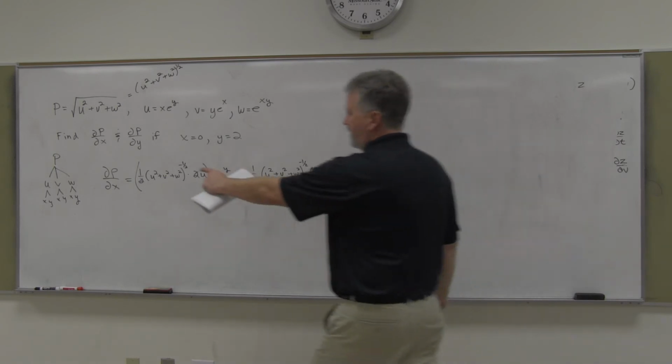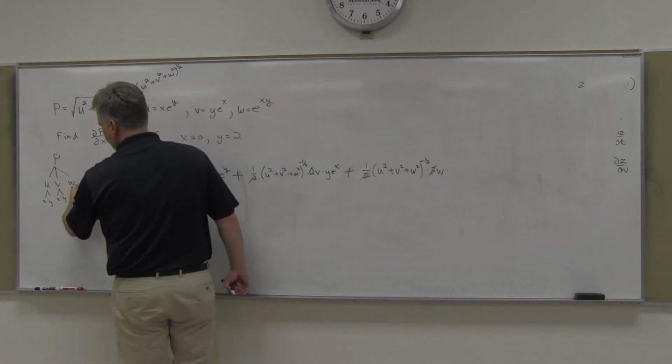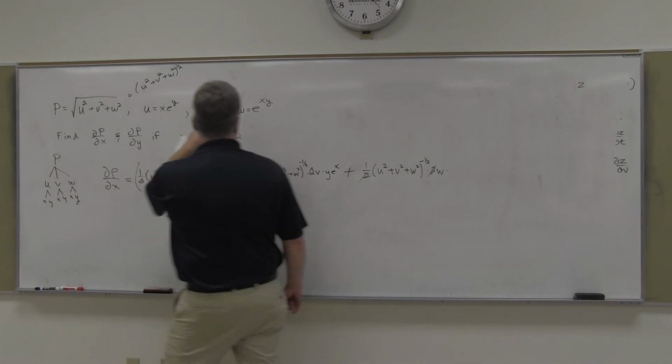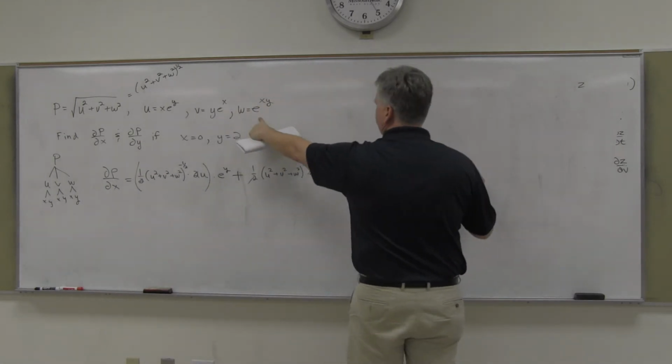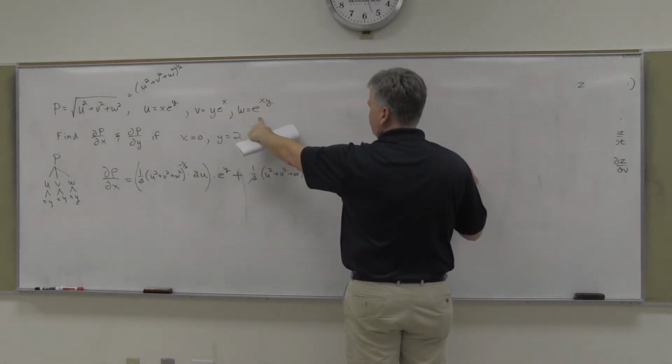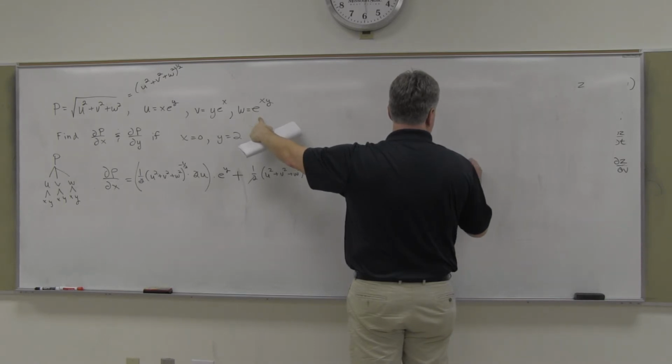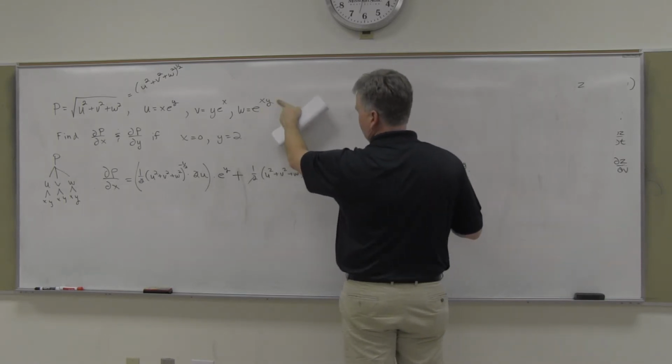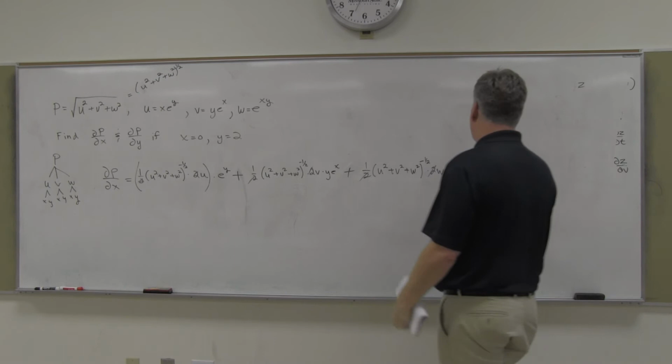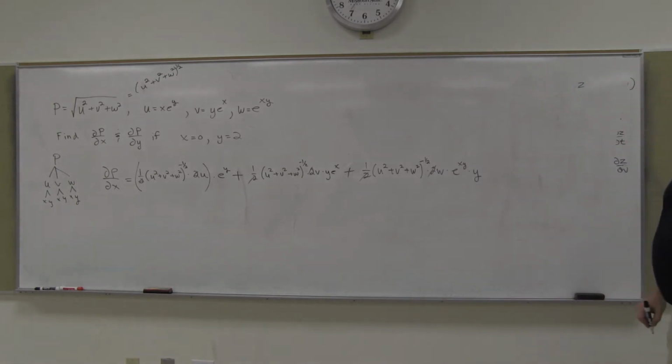Then I've got to multiply by the partial of w with respect to x. Okay, well that's the hardest one. The partial of that with respect to x would be e to the xy. Then I have to do the derivative of the power, so it would be times y. So it looks kind of bad, but I don't think it will be once we get it going.